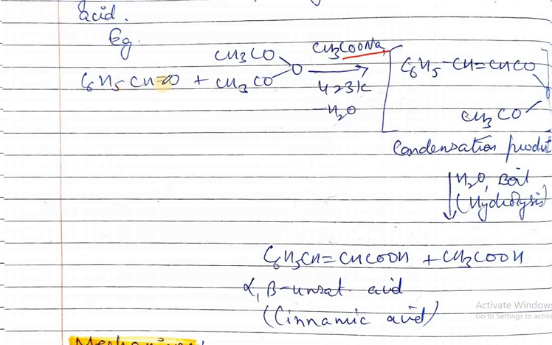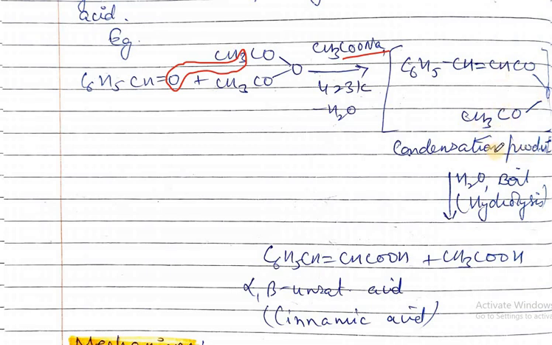In which we get C6H5CH double bond, and water is removed, so CH double bond CH, all the other groups as such, CH COOCOCH3. It is the condensation product.